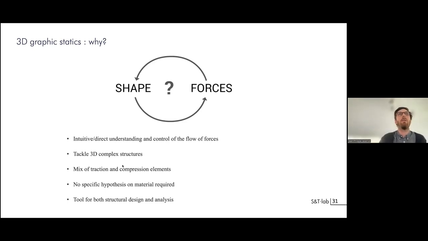And the idea is that you can use it as well for structural design, but also for analysis. And Denis showed you in the first lecture that in terms of analysis, the thrust line, masonry, arches, buildings, graphic statics can prove a very valuable tool.